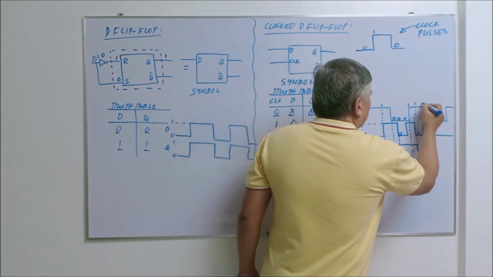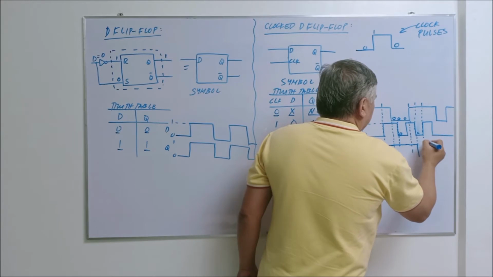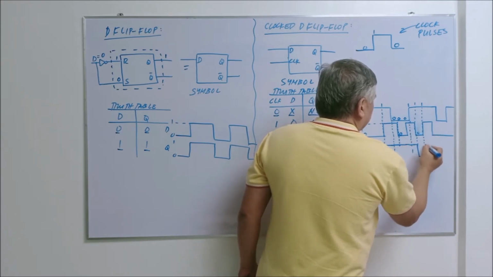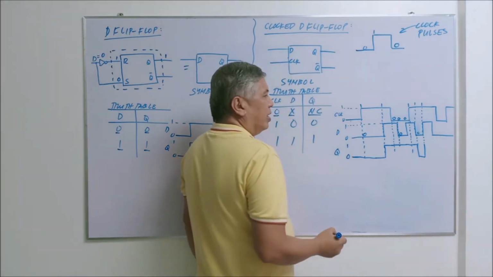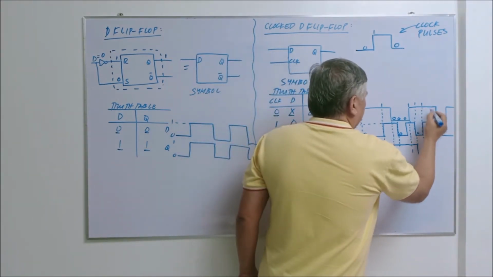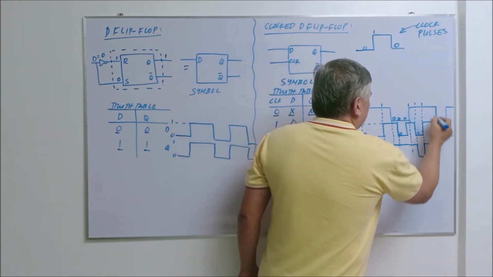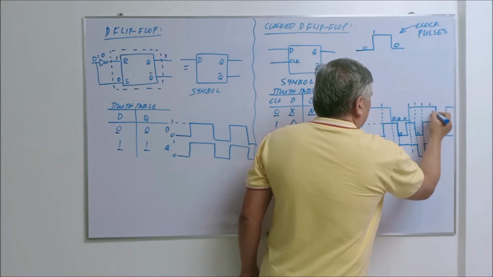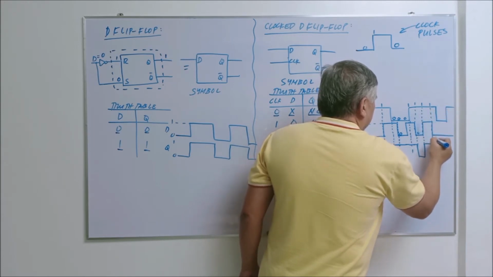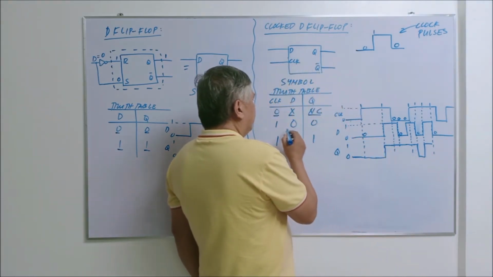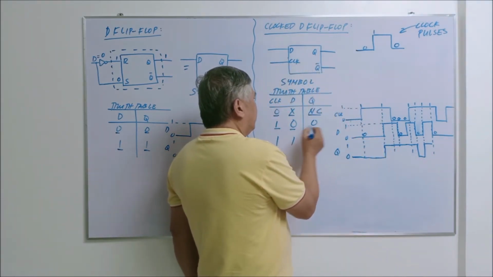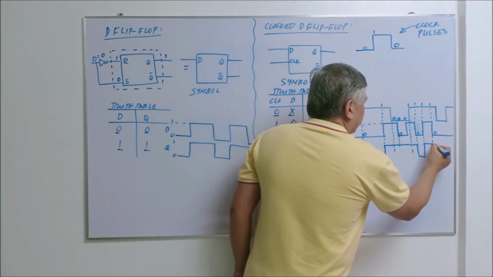Here, clock is 1, D goes to 1. So D implies Q, so your Q becomes 1 again. Then, clock is 1. In this particular area, your D goes to 0.